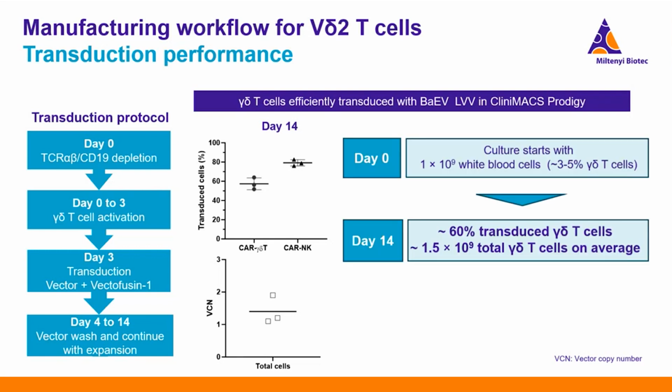So again, also for this transduction protocol, we start from 1 billion total white blood cells. And we obtain approximately 60% transduced gamma delta T cells with a very low MOI. And so far, we were able to harvest approximately, on average, 1.5 billion total gamma delta T cells.